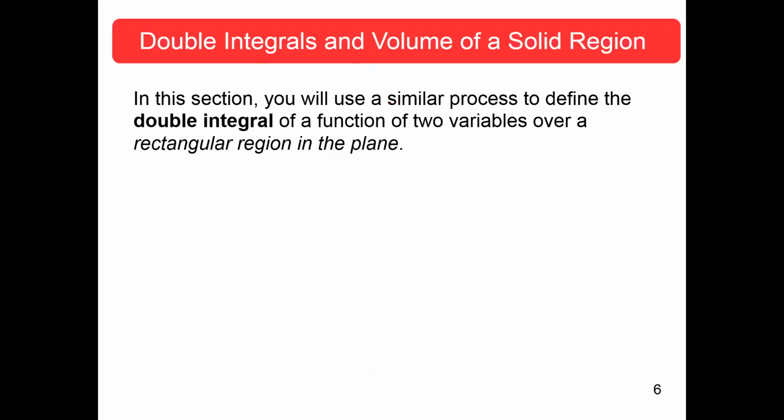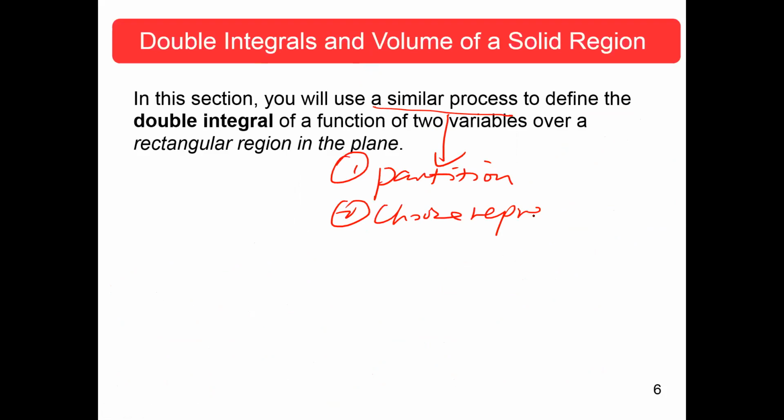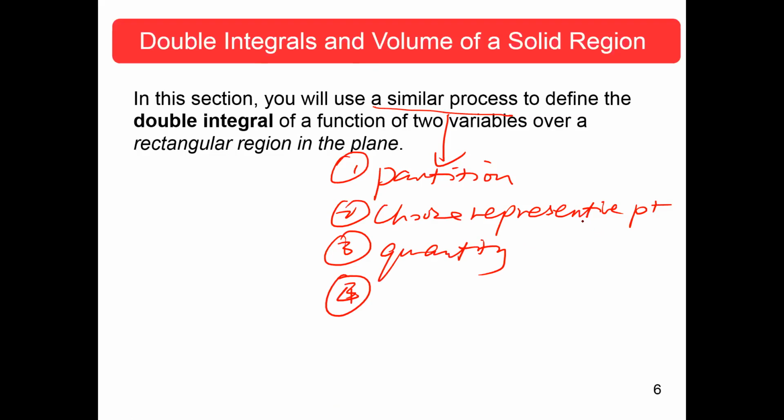In this section, we'll use a similar process: first get a partition and choose a representative point, get the corresponding quantity, whether it's area or volume, depending on what you're calculating, and then find the sum of those quantities. It's a similar process to define the double integral of a function of two variables over a rectangular region in a plane.